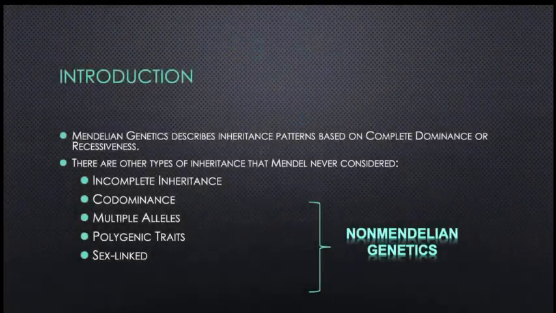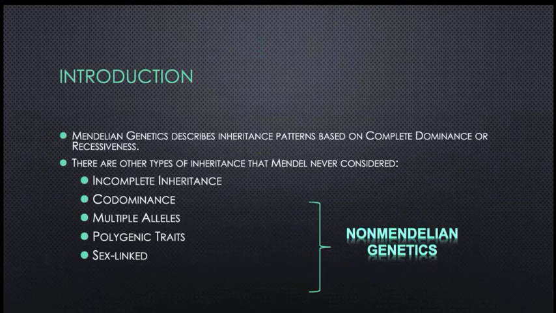We call the traits that we can easily compare using monohybrid and dihybrid crosses Mendelian traits, and these traits are passed down on one gene with dominant and recessive alleles. The phenotype for the recessive alleles is only shown when an individual has two recessive alleles from both parents.